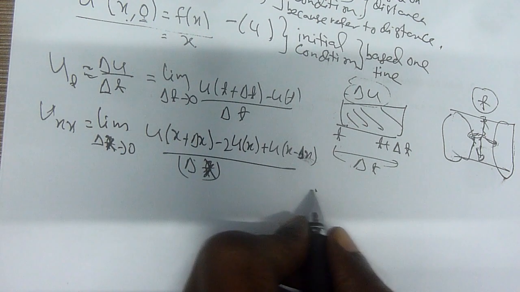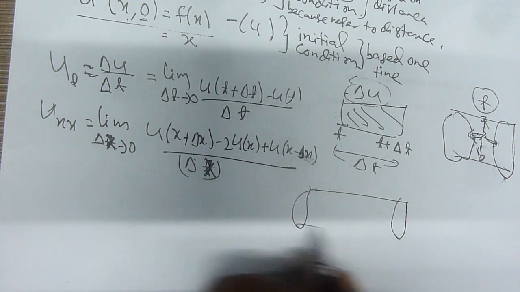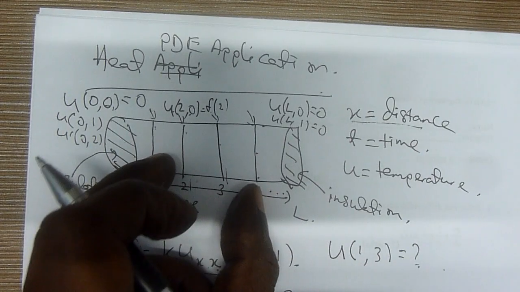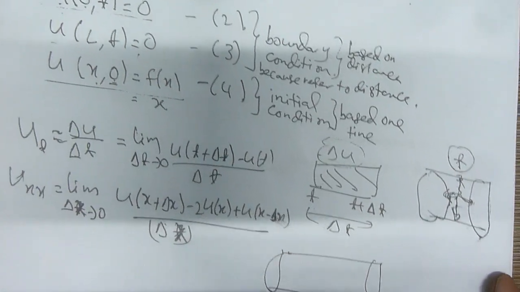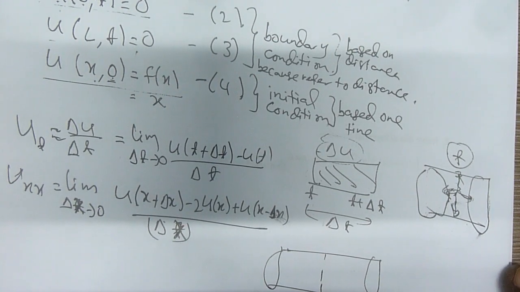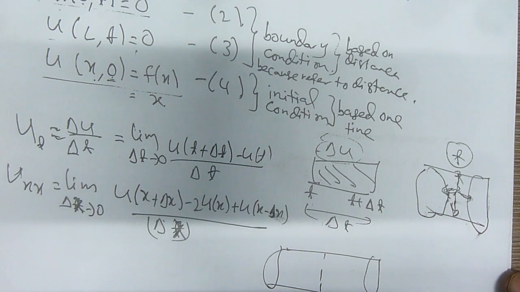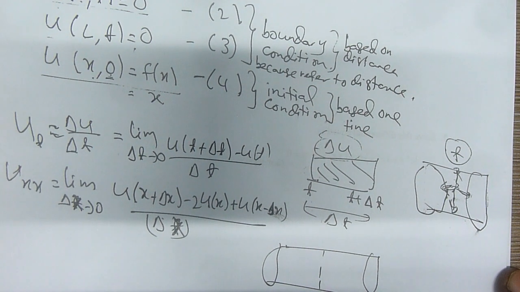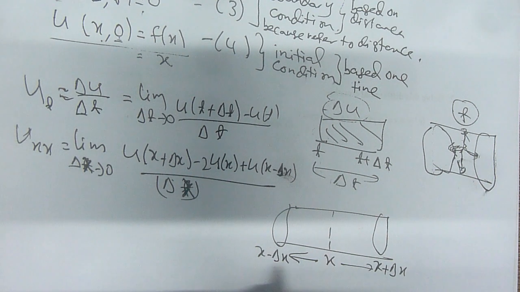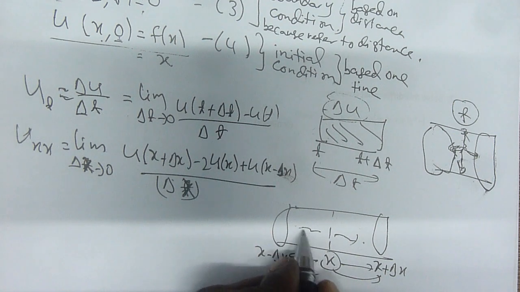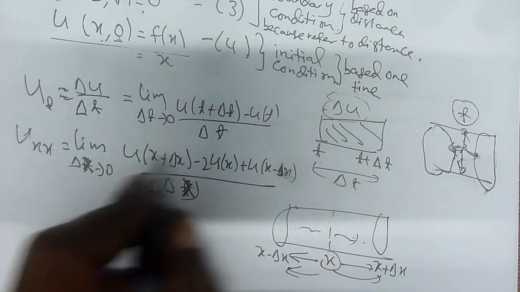At the rod, particularly, we can take a portion here. At the middle point of the x, I'm going here to x plus del x, and I'm going at the back, which is x minus del x. That means I'm taking not only the future progression, I'm taking the past and future combination inside here.